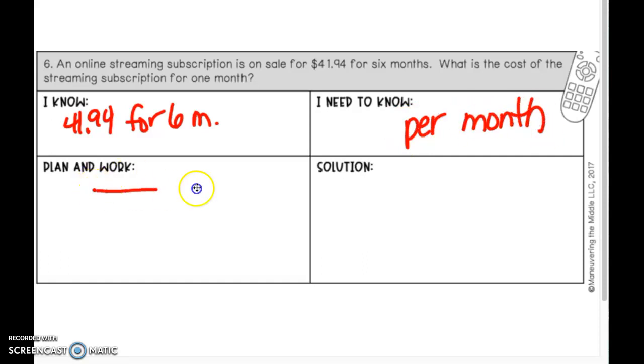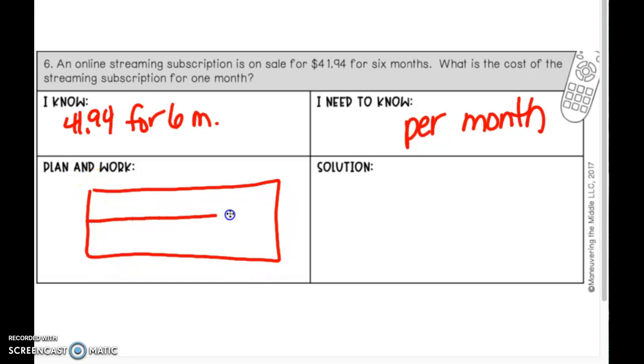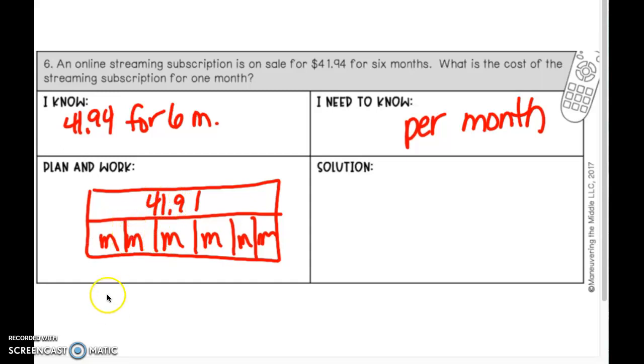If we set this up, we know it's $41.94, and we have 6 m's. So 41.94 is equal to 6 times the number of months.